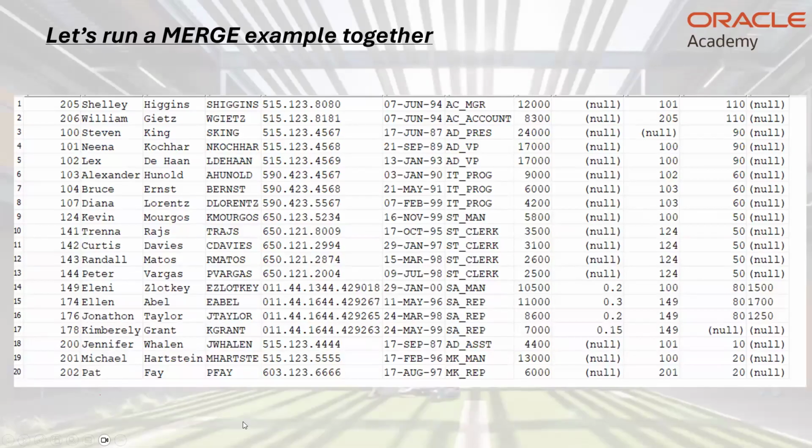So what happens, we get our 20 employees again. But you see, Shelley Higgins is back to Shelley Higgins because she was Shelley Higgins in the employees table. We changed her name to Cotton, and this is the copy employees table that we're looking at.